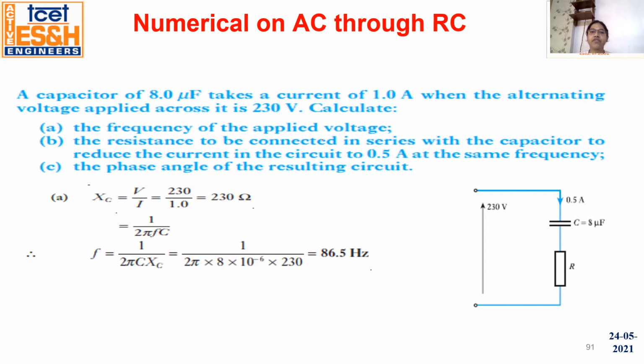Calculate the frequency of the applied voltage, the resistance to be connected in series with the capacitor to reduce the current in the circuit to 0.5 ampere at the same frequency, and the phase angle of the resulting circuit. So first we have to calculate the frequency. Second, the resistance to be connected in series with the capacitor, the value of R.